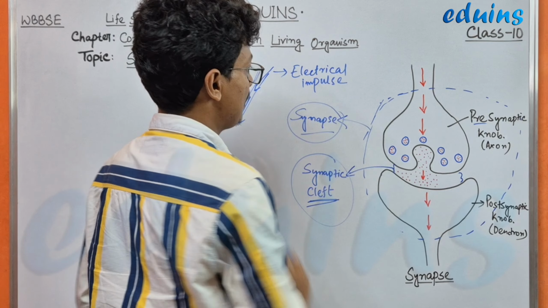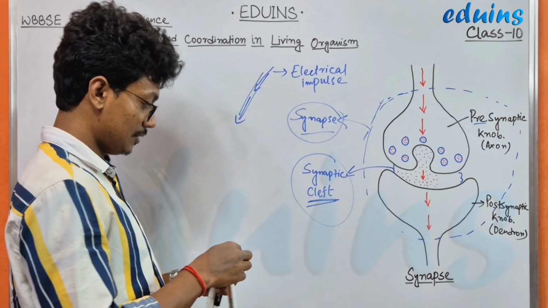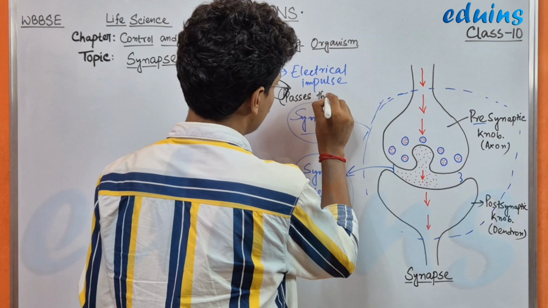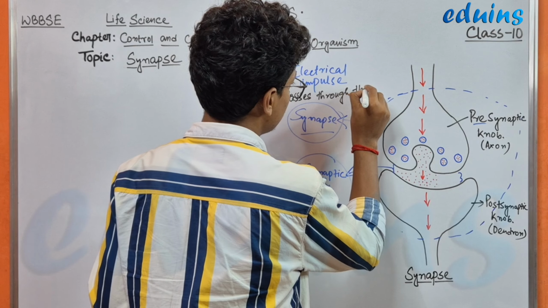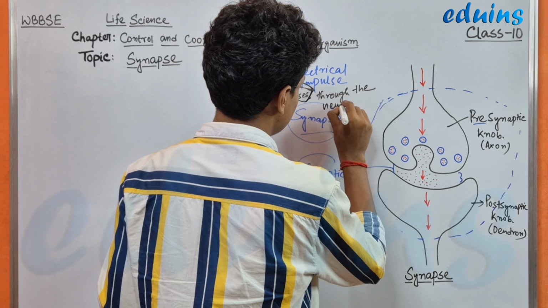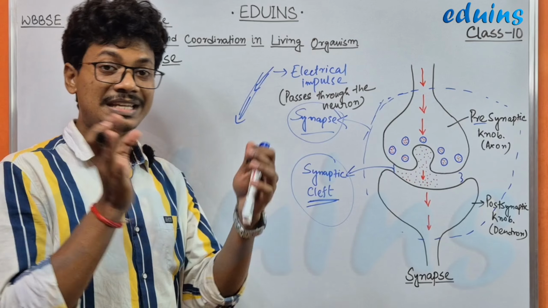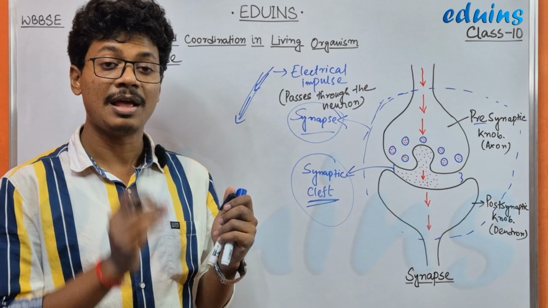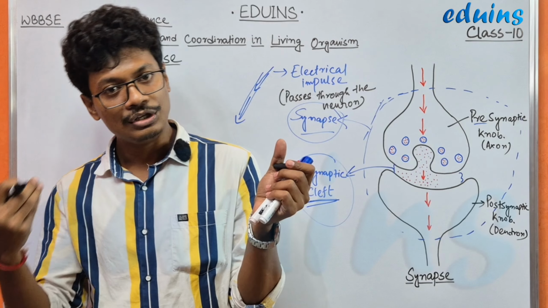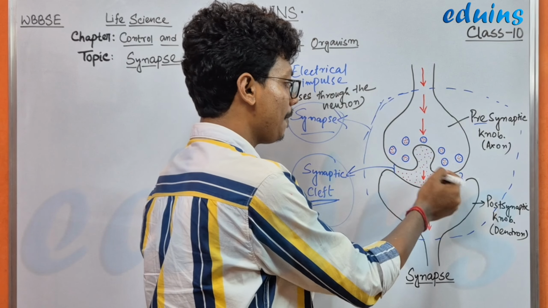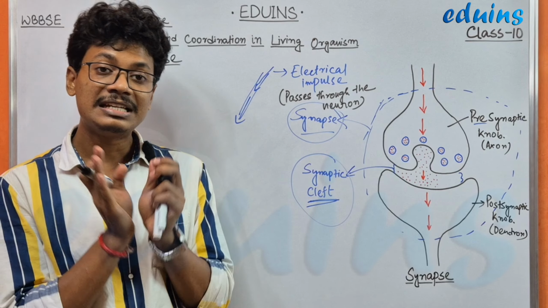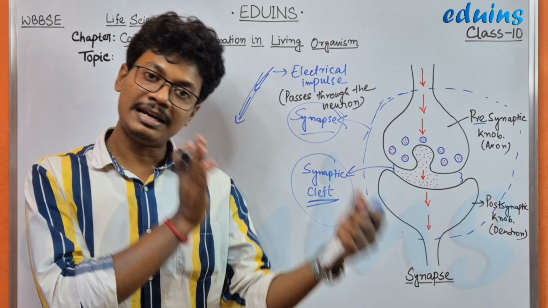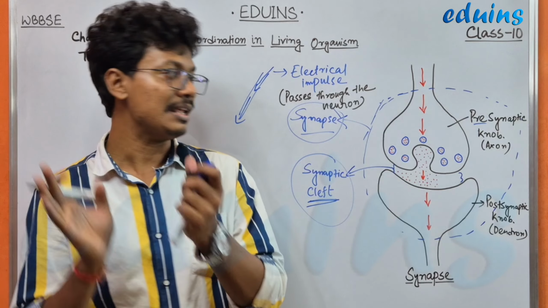Inside the neuron the impulse is electrical, but when it is released from the neuron into the synaptic cleft, it is a chemical impulse. So there is an exchange of electrical impulse as well as chemical impulse.